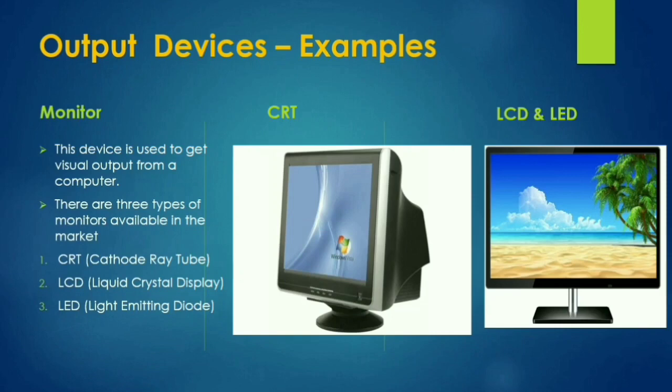CRT in the sense cathode ray tube. This is the oldest type of monitor we have used for our computer. And the second one is LCD. The next generation of computer is LCD, liquid crystal display. And nowadays we all are using the monitors of type LED, light emitting diodes.